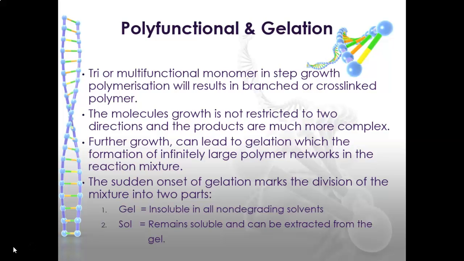So it is possible for the polymer to be a branched or cross-linked polymer. The molecule growth is not restricted to certain directions, and the products are much more complex.